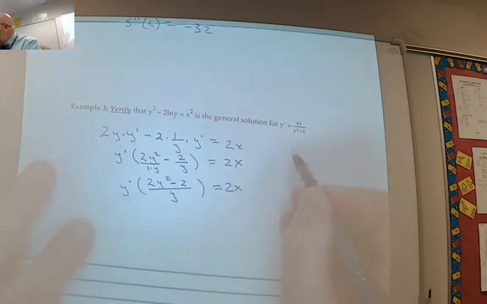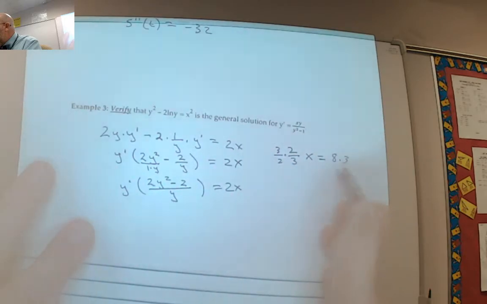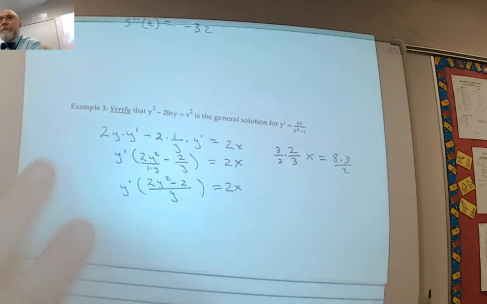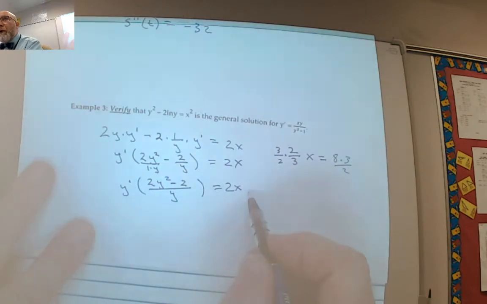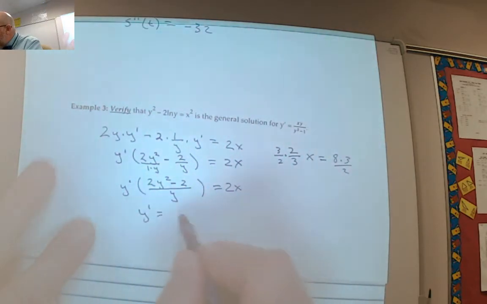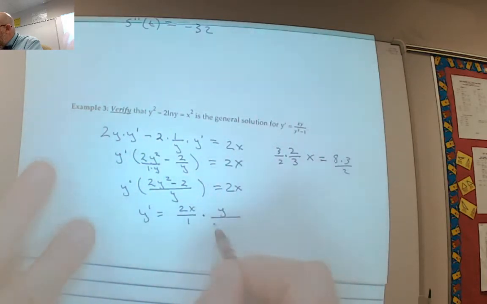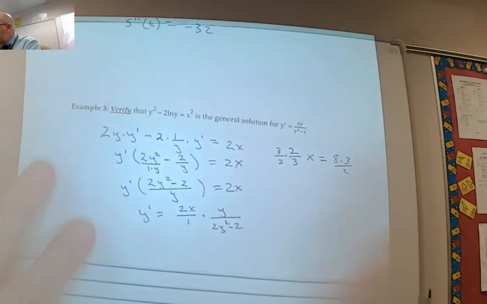I don't know how you were taught. When I showed students how to solve equations with fractions, I always had them multiply by the reciprocal. So that's what I'm going to do here. So y prime equals 2x over 1 times y over 2y squared minus 2.